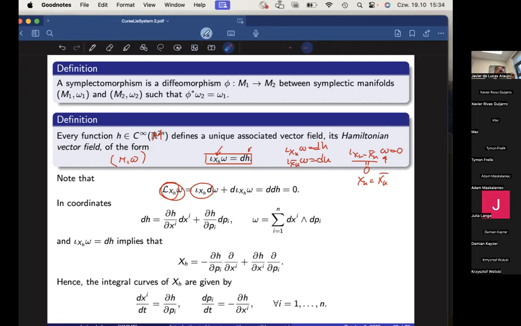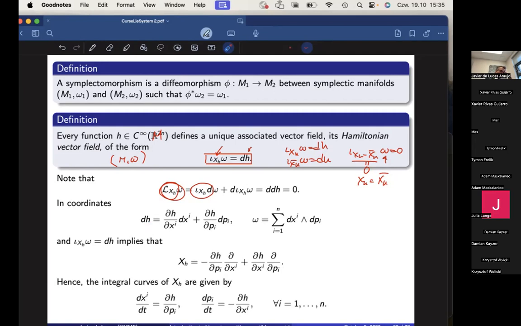It leaves omega invariant. So let us see now what it means that the vector field is Hamiltonian in canonical coordinates, in Darboux coordinates. And we will notice that integral curves of a Hamiltonian vector field are just solutions of the Hamilton equations. And this is the important thing. So pick up a function H, pick up Darboux coordinates.